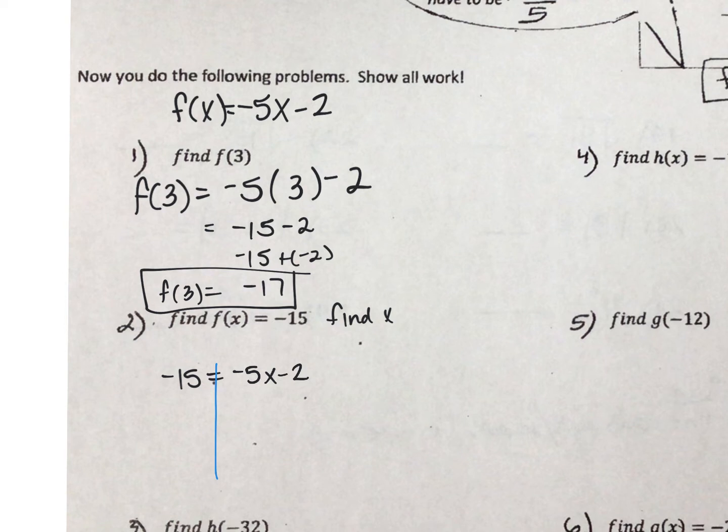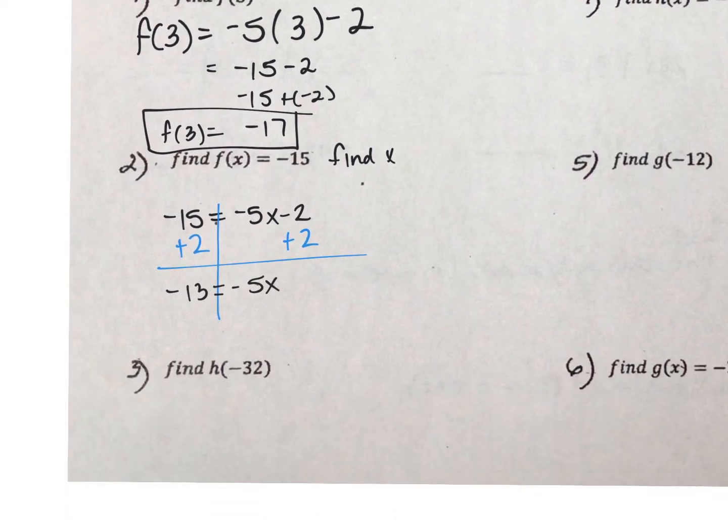No, I cannot subtract the negative 5 and the negative 2 because this is negative 5x, right? I want to move the negative 2 by doing what? Adding. Add 2. So I get negative 13 equals negative 5x.